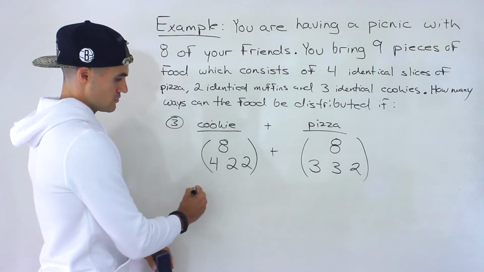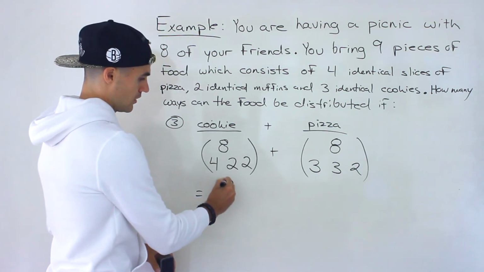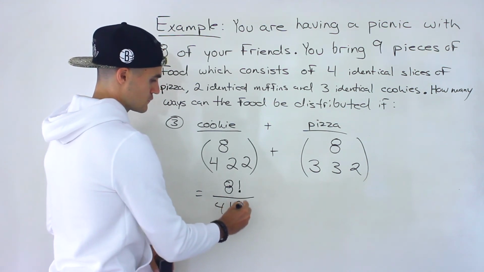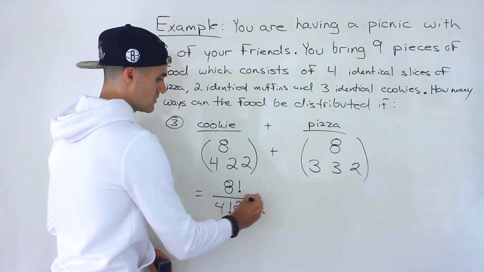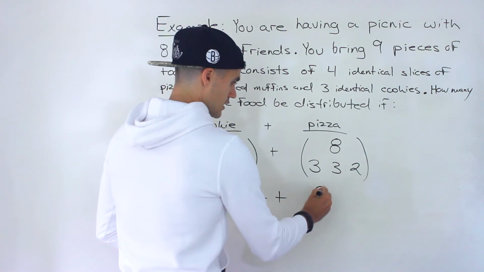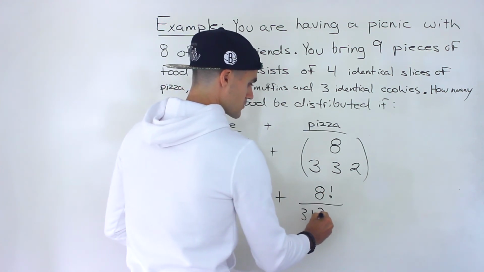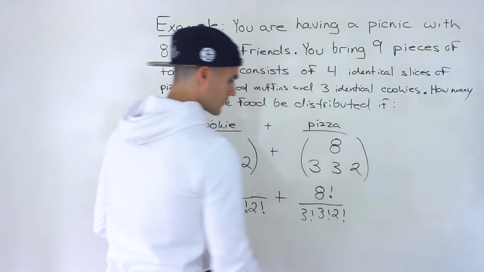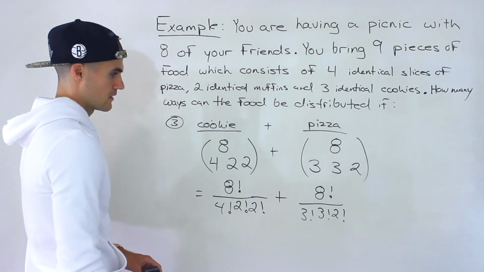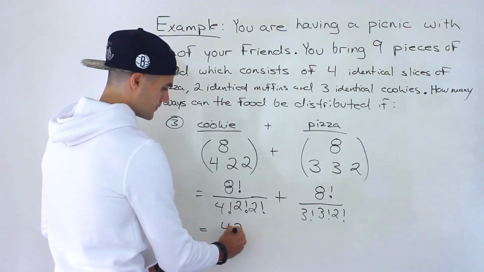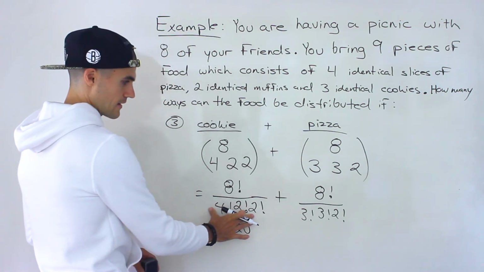And then the values of these, we're going to end up over here having 8 factorial over 4 factorial times 2 factorial times 2 factorial plus 8 factorial over 3 factorial times 3 factorial times 2 factorial, like that. And when you do this, you would end up with 420 over here for this value.